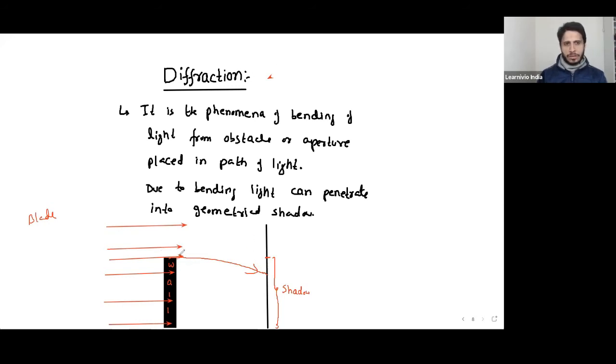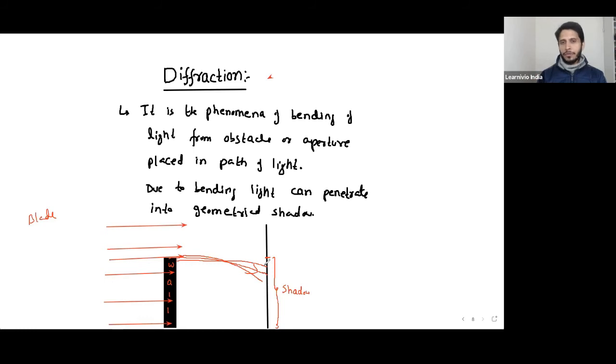Now, what happened? Only a single light wave is not coming. A number of light waves are coming from here. So all these waves start to overlap, or I should say these waves will start superimposing. Due to superposition, you will get some bright and dark pattern, just like you got in interference.